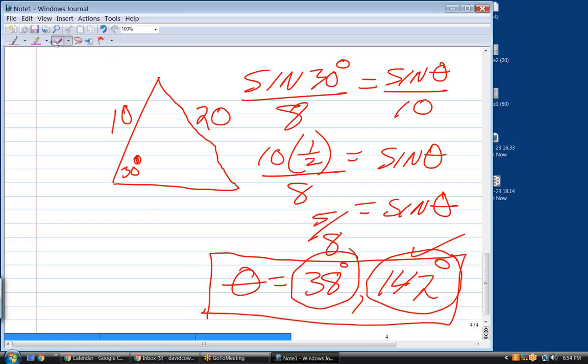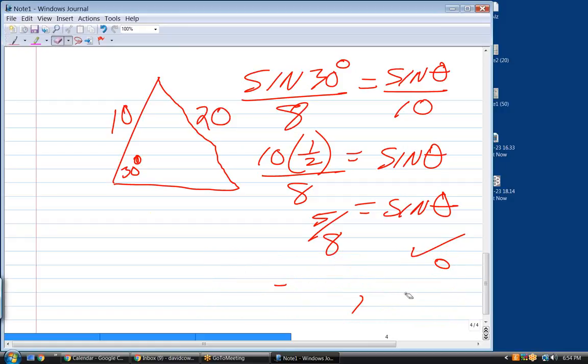Now, when we go through our numbers, you'll see what happens. The sine of 30 degrees is to 20, as the sine of theta is to 10. Well, now that's 1/2 over 20. Well, we automatically know that it has to be smaller than 30 degrees.